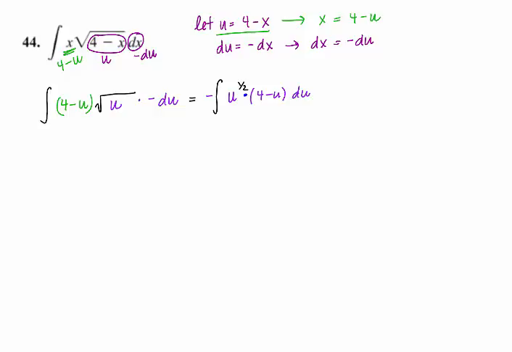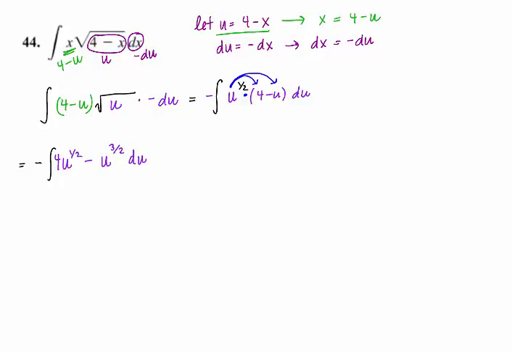So in order to find the antiderivative of each piece, we have to distribute the u through, so that we can go term by term, add a power, and divide by that new exponent. So keep the negative out in front. We have u to the 1/2 times 4, that's easy, 4u to the 1/2, and then minus u to the 1/2 times u to the 1 is u to the 3/2 with respect to u.